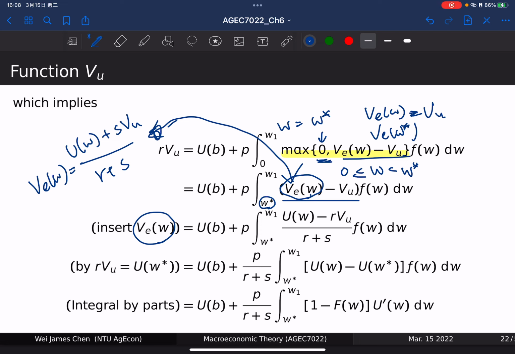Okay. And also because I know r VU is u of w star, so this one is actually u of w star. I can replace that with u of w star. And I take the r plus s out. I make it here because that's going to be a constant anyway.